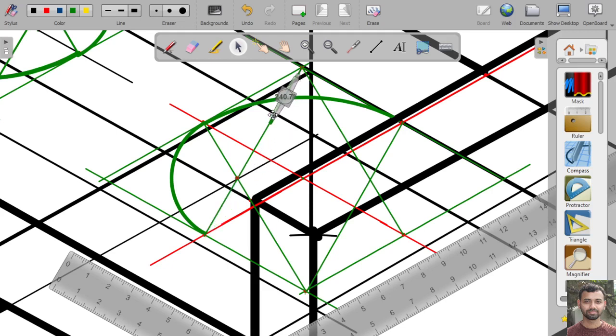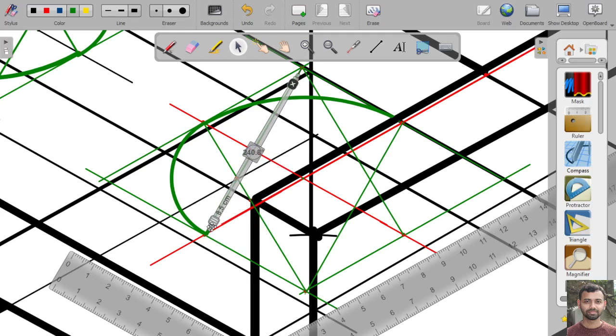So this one is the radius. Okay, up to this portion. It can already be seen.